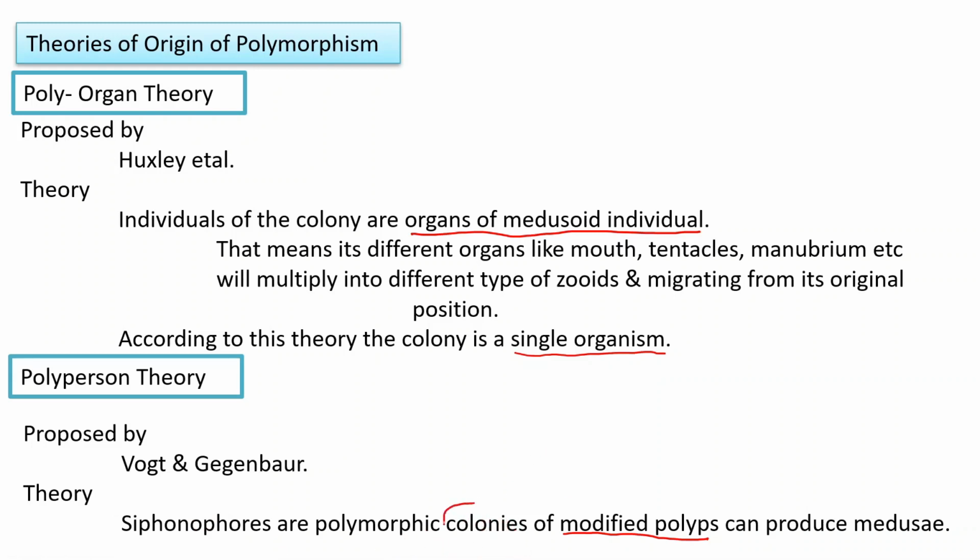That is the important thing. They are polymorphic colonies, and they are all modified polyps which can produce medusa. So these are the two theories that explain the origin of polymorphism in cnidarians. With this, we can finish this topic. Thank you.